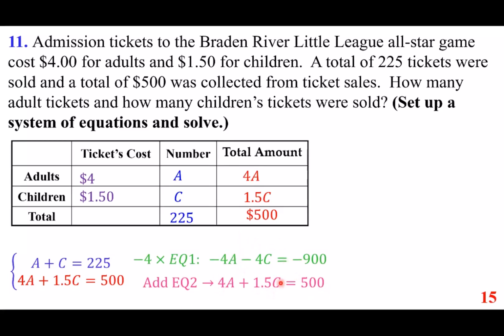These two add up to negative 2.5C. And they add up to negative 400. Divide by negative 2.5, and the negative over negative cancel each other.